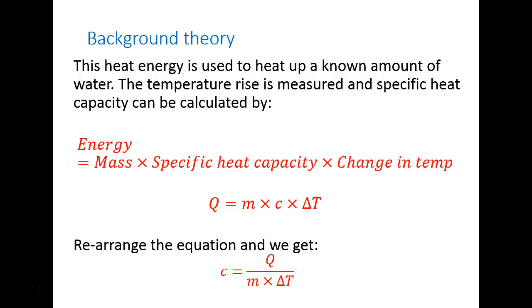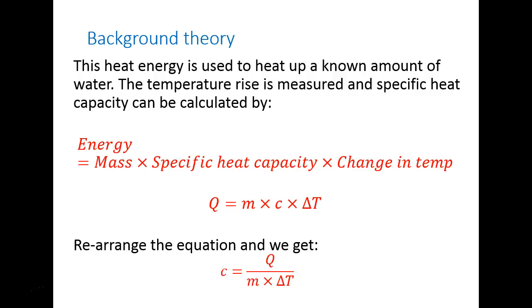Okay, now some of you may wonder, how do I get C equal to Q divided by M multiplied by delta T? So what we're doing is we want C by itself. Now C is multiplied by M and then multiplied by delta T. In order to get rid of M and delta T, we are going to divide by M and divide by delta T. Or you probably have heard of the move it to the other side method.